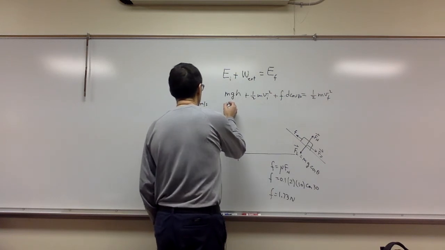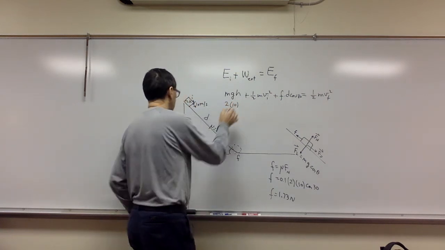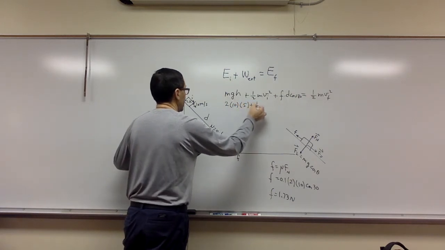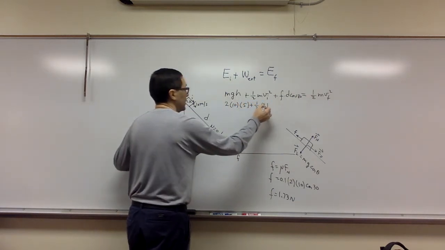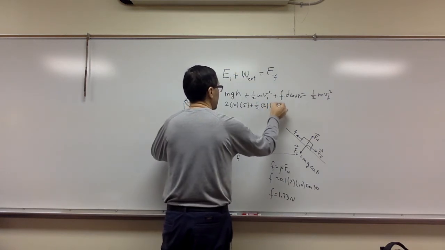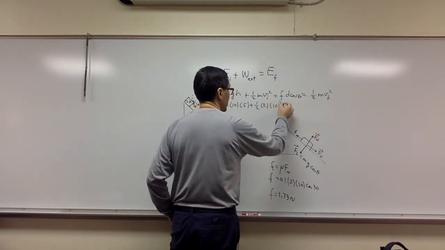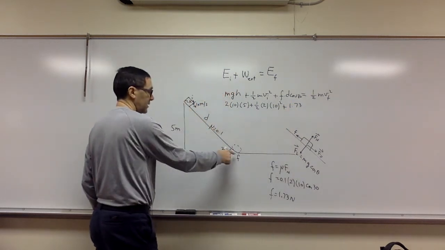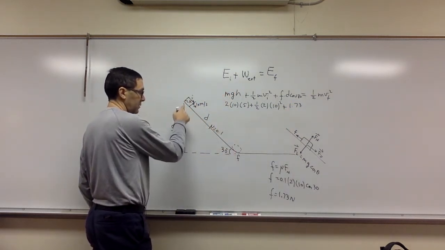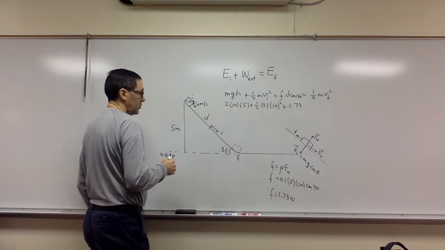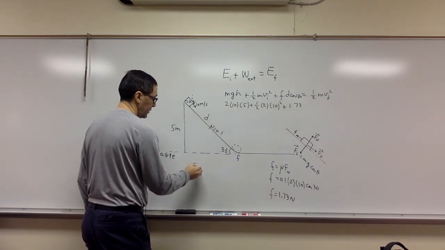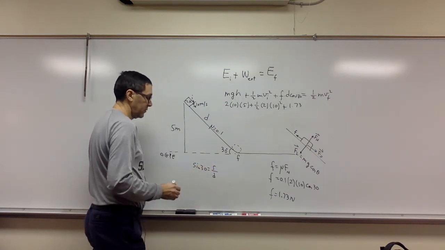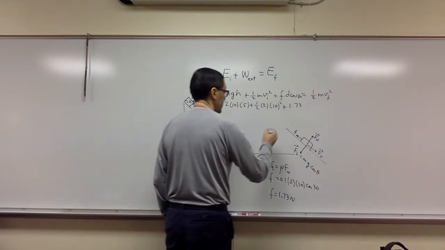So I'm going to come here and say this is 2 times 10, a height of 5, plus half times 2. The initial velocity is 10. We're going to square that. Force of friction is 1.73. This distance here, if you work inside this triangle, should be a 10, because sine of 30 is 5 over d. So d is 5 over sine 30. So this is a 10.